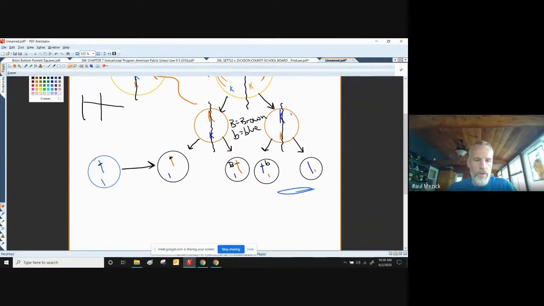So let's say over here on this mom, she has, let's say it's a capital B here. So she also has brown eyes. And on the chromosome she inherited from her dad, it's a little b.